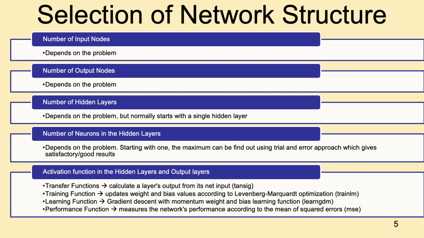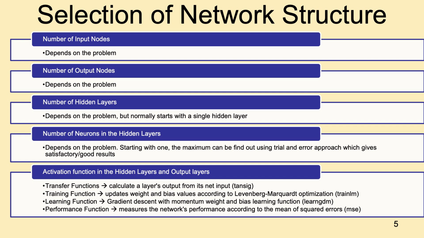This activation part plays a major role in producing the output of the model. To produce the output of the model, you need to decide on several mathematical functions: transfer functions, training functions, learning functions, and finally the performance function. What is the duty of the transfer function? The transfer function calculates the layer's output. You are going to calculate the net input, right?